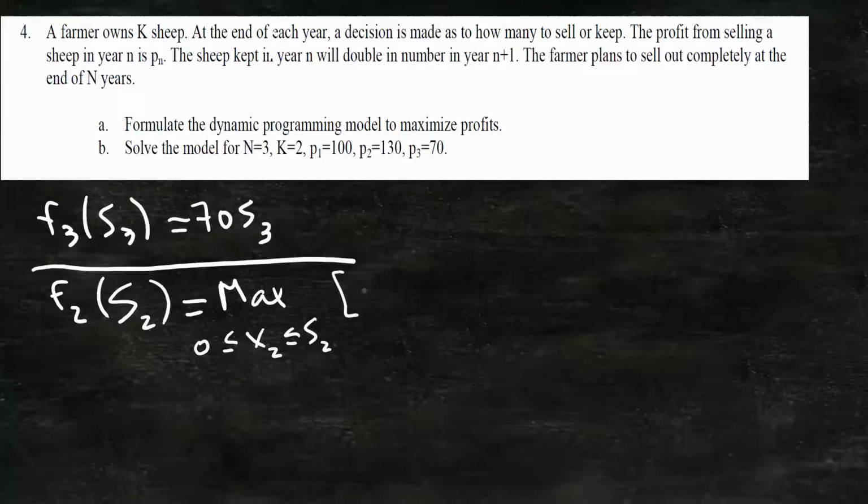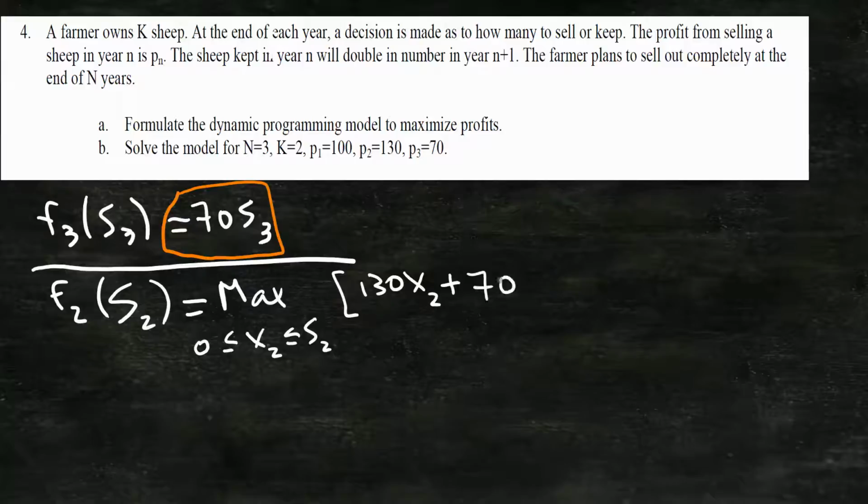If I sell x2, I'm going to get 130 x2. Then I can use this expression here and substitute it right here. So it'll be 70.